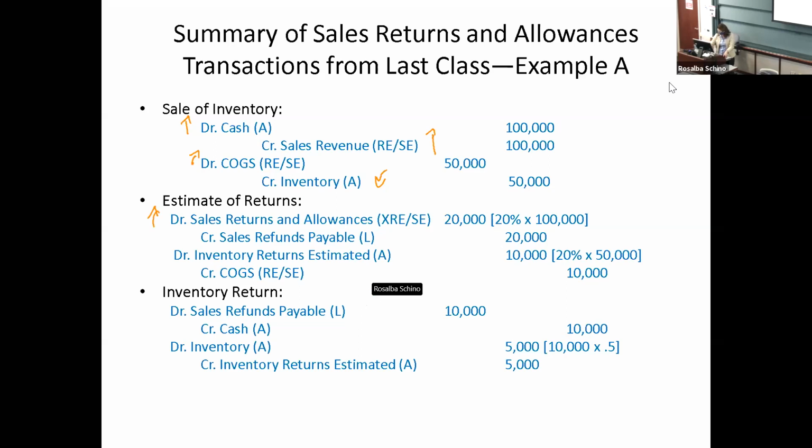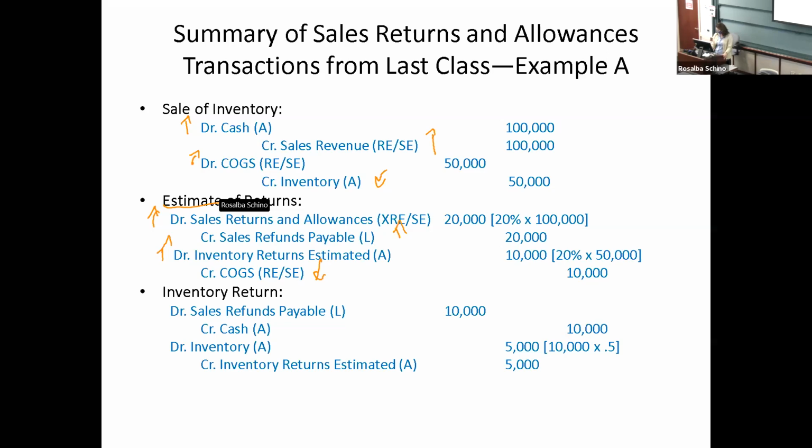And then I am going to increase the sales refund, which is a liability, pretty much a reserve that shows the expectation of my sales to be returned, and therefore the obligation I have to pay back the customers. Then I will increase my inventory returns estimated by the amount of cost of inventory that is supposedly going to be returned to me, and will decrease the cost of goods sold because I'll no longer have the sale.